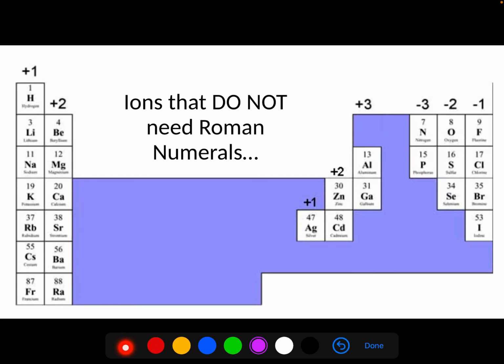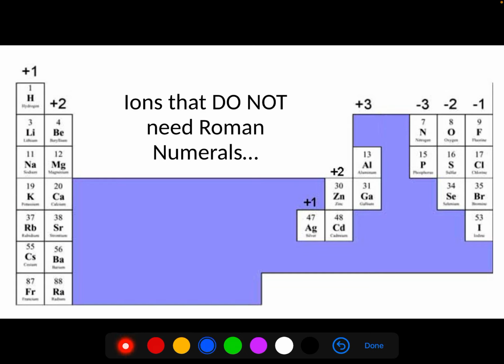So I like this table because this table really summarizes everything. It has all of the ions that do not need Roman numerals. First of all, obviously the negative ions don't need Roman numerals. Our negative ions would never need Roman numerals. Next thing, here are the alkali and the alkaline earth metals, and they do not need Roman numerals. These are the ones that we've been using all along.